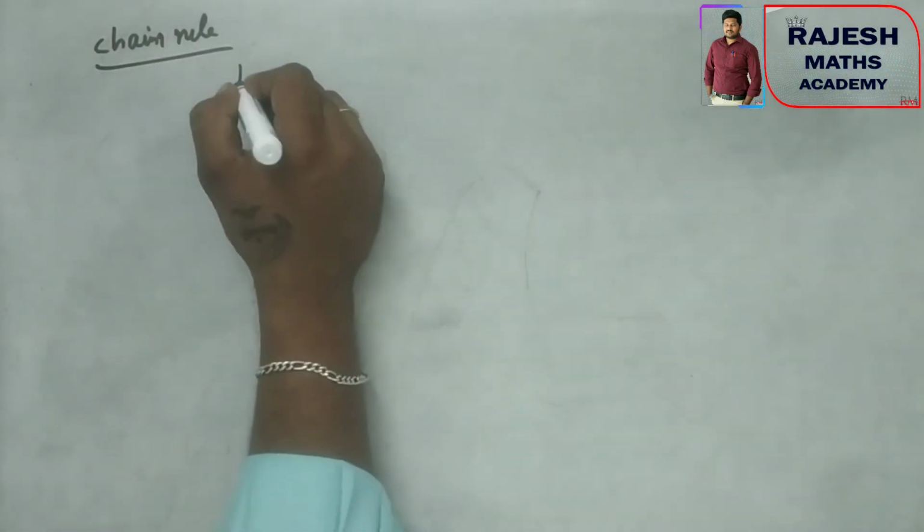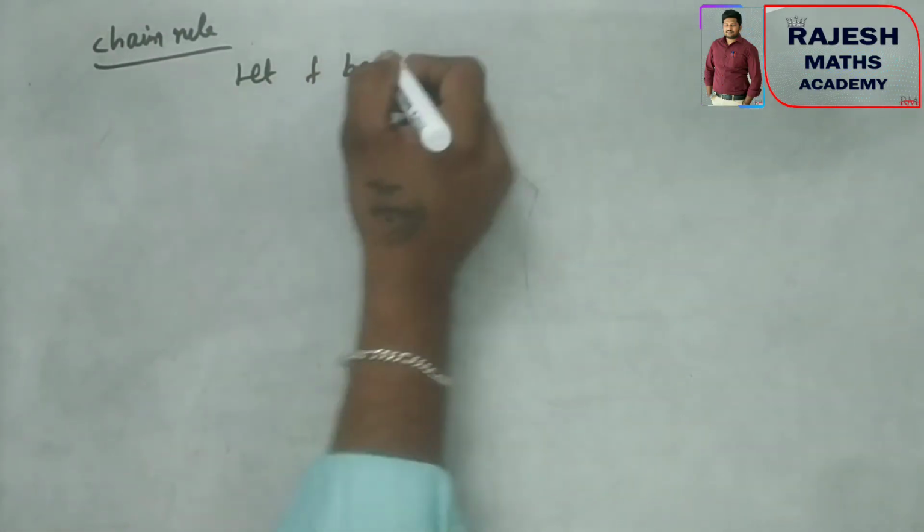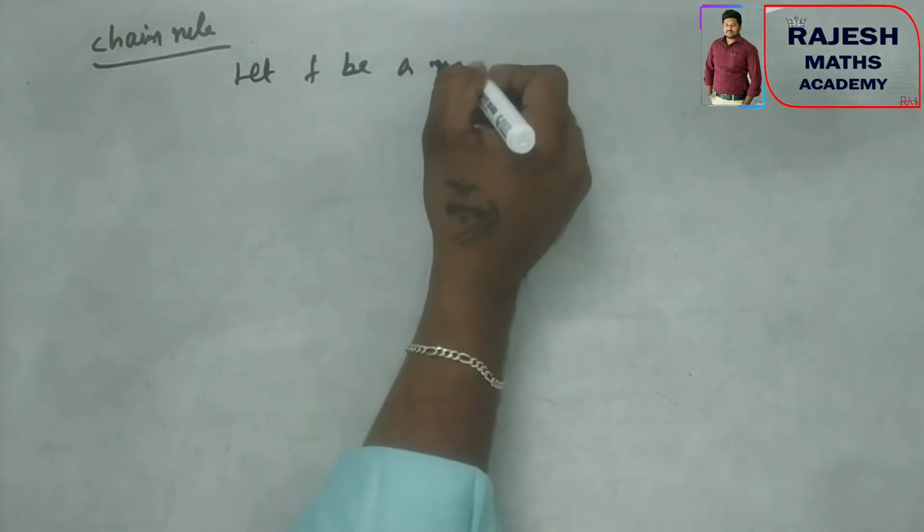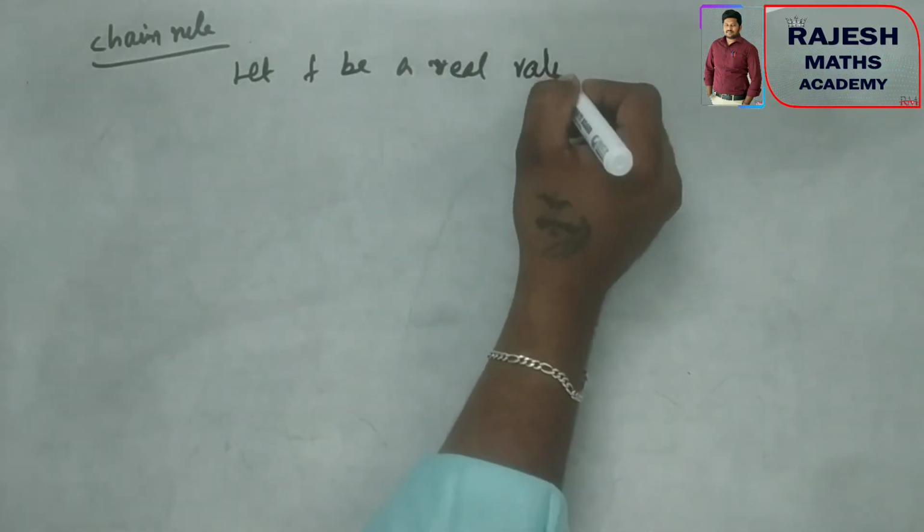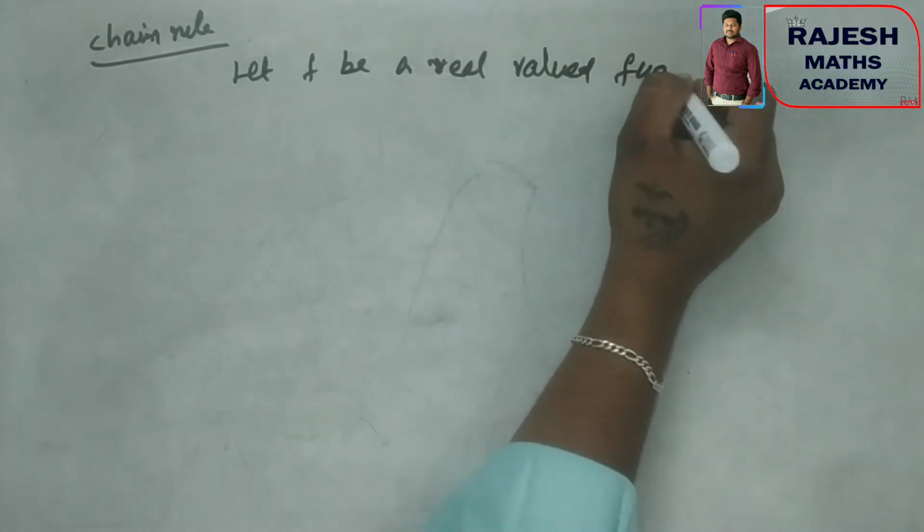Chain rule: let f be a real valued function. So what is a real valued function?